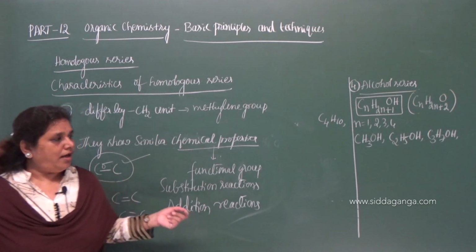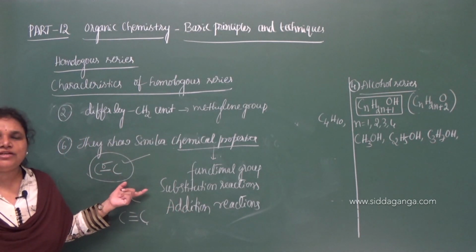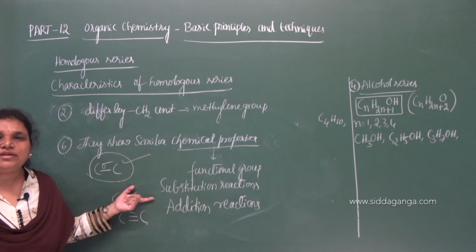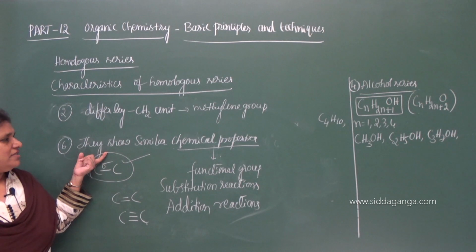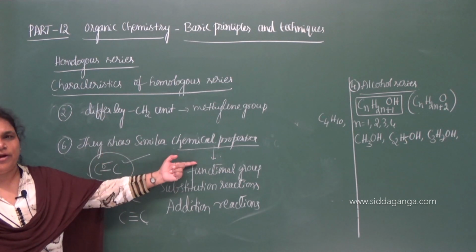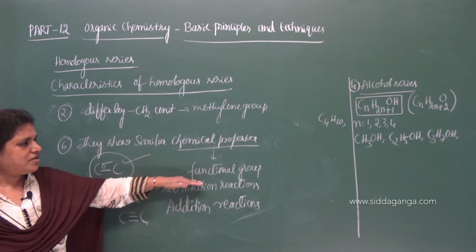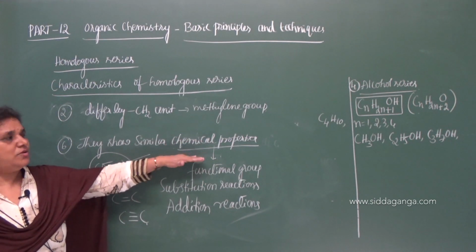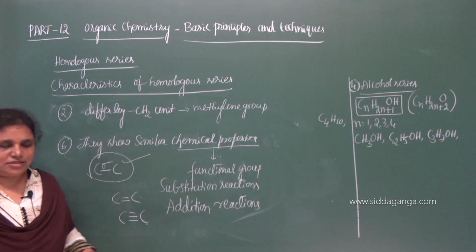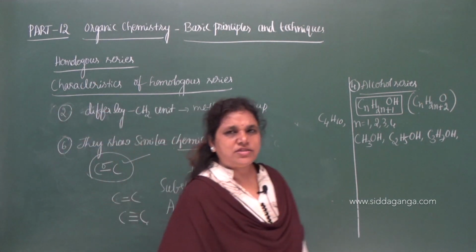Therefore, every successive member shows regular gradation in the physical properties, and the members of the series show similar chemical properties because the functional groups are responsible for the chemical properties. So this is about the characteristic properties of homologous series.